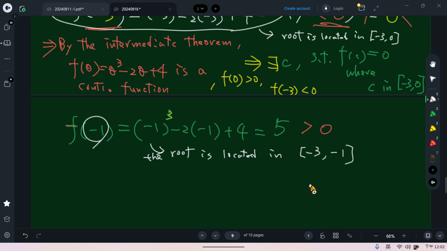I believe you also played a game before. For example, I ask you to keep one number in your mind from 0 to 99. Maybe I keep 66 or 67, something like that. And you try to guess, right? My first guess is 50. You did not hit my number, but I can tell you 50 is not correct, but over 50, less than 99.